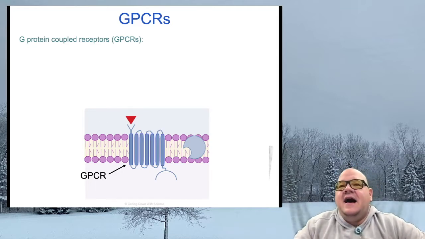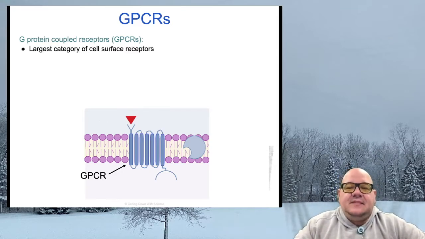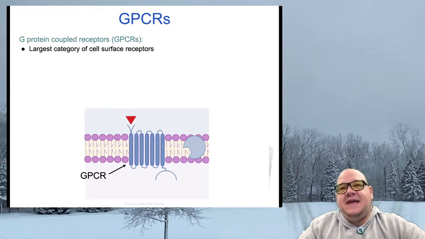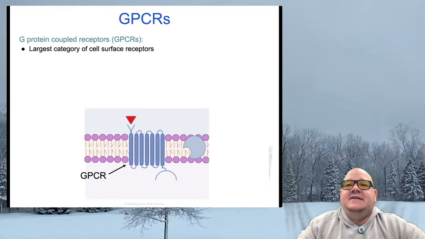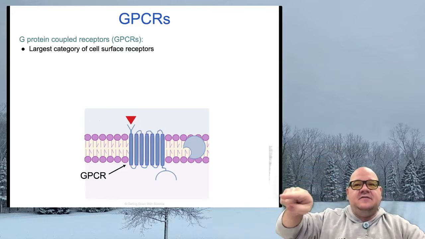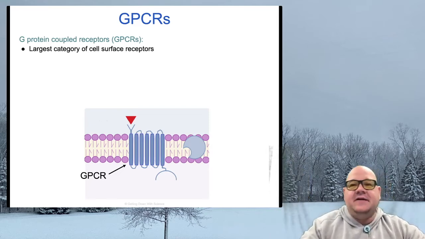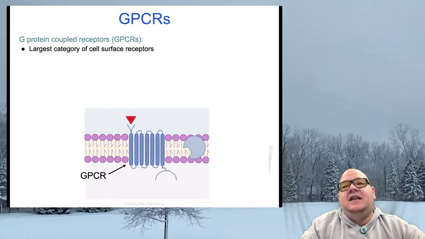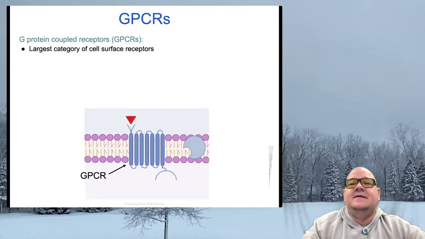Okay. So this is the biggest category of receptors in eukaryotes, and you can kind of see that it swirls up and down through the membrane, okay? And so a lot of different things are happening. We're probably seeing some amplification and some transduction going on in there.